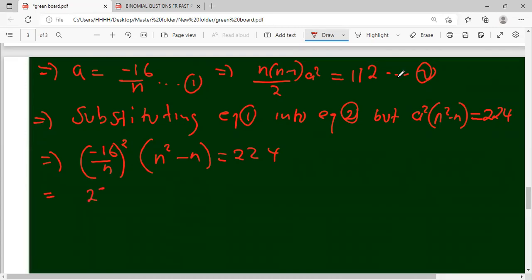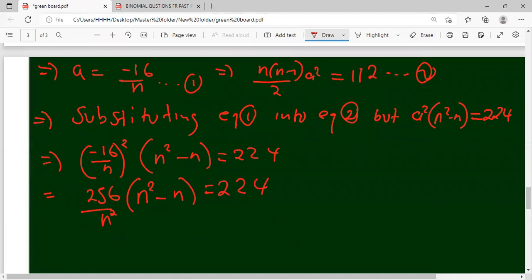There we've got 256 over n squared, n squared, open bracket, n squared minus n is equal to 224.